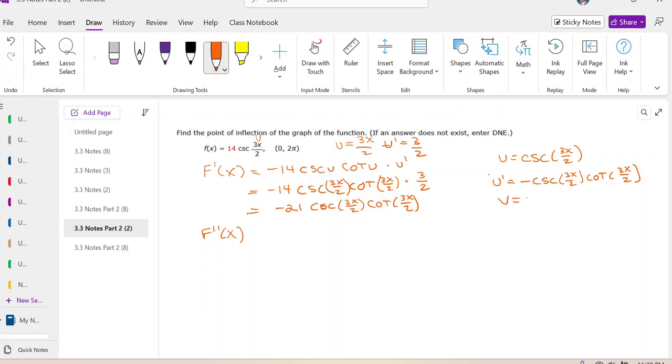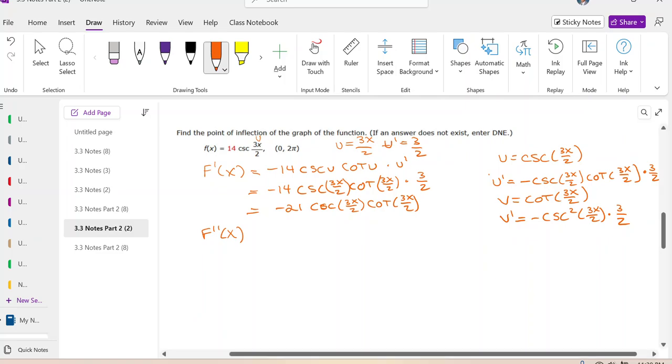And the v would be cotangent 3x over 2. And the derivative of cotangent is negative cosecant squared times 3 halves. It would be the same thing here. I'd have to do this times 3 halves.